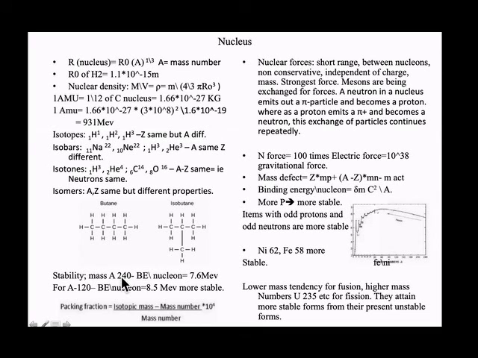So at mass number 240, the binding energy is 7.6 million electron volts per nucleon, but iron and nickel have around 8.5 million electron volts per nucleon. So this is more stable. More energy is holding the nucleus together.